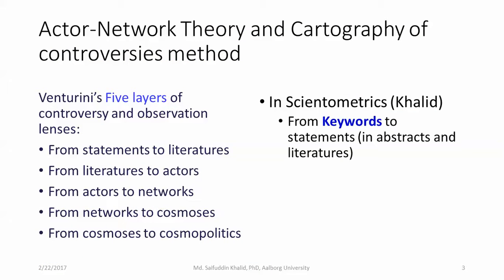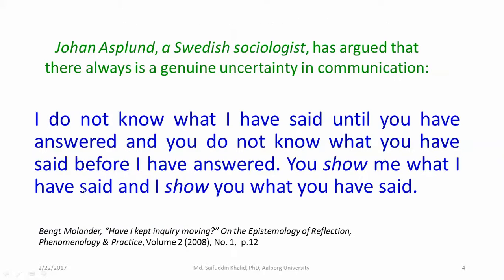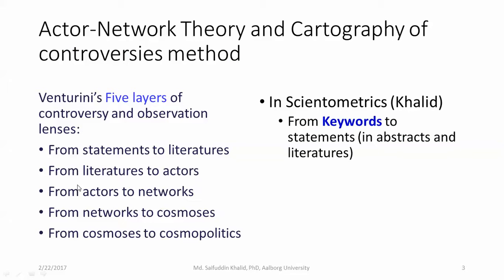So the stages are like this. First, we start with some keywords and search the literature. And when we identify some literature, we look for some statements that have opposing positions, and the authors of the paper, and the universities where they are located, or the countries that they represent through the universities.